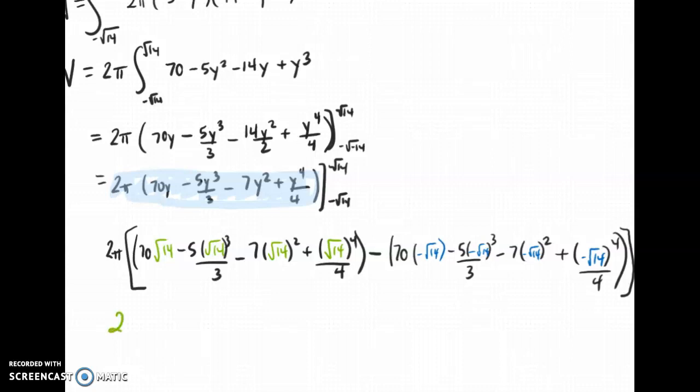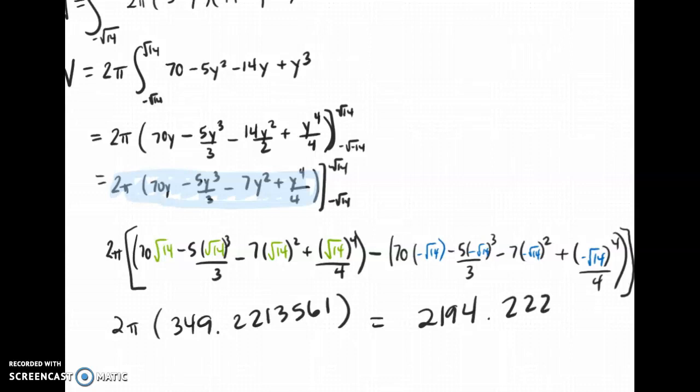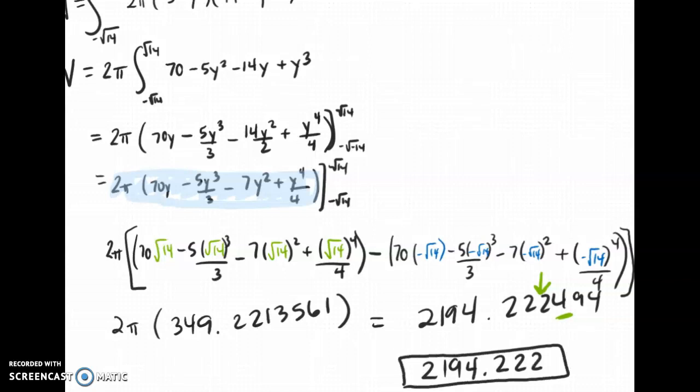And I end up with 2 pi times 349.22, and multiplying that out, 2,194.222494. We are asked to round to 3 decimal places, so that means I want to round here. Look 1 over, and since that is less than 5, I'm going to keep the 2. And so this is the volume of that region R.